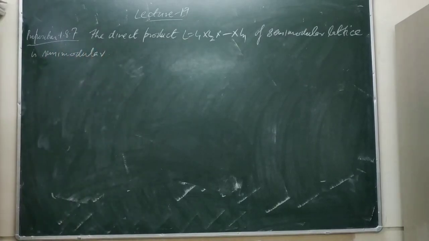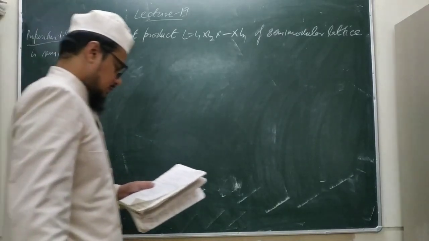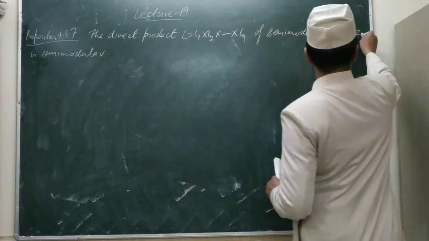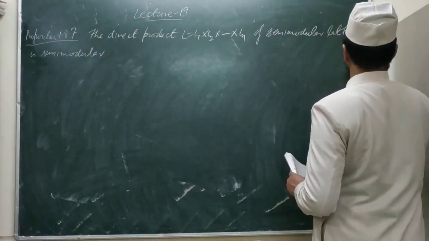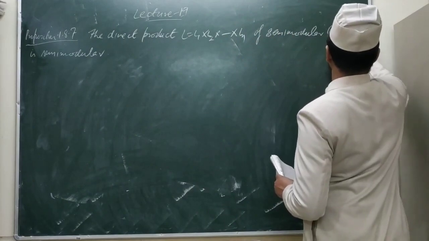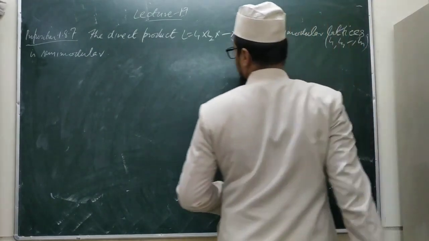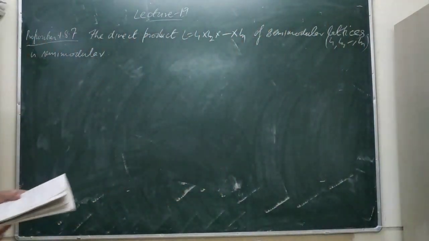The direct product of semi-modular lattices L1, L2, ..., Ln is semi-modular. You have to prove the direct product is semi-modular, correct?